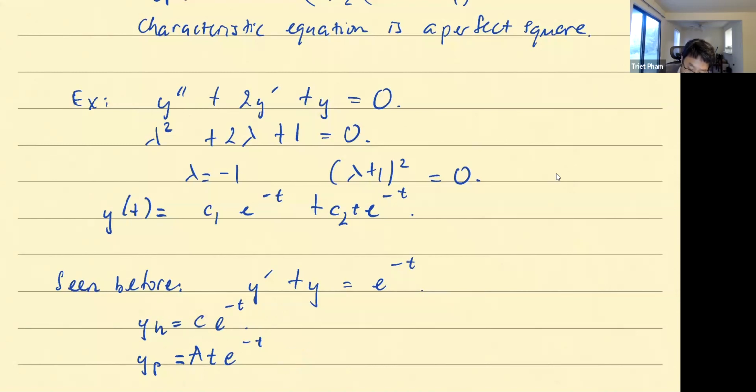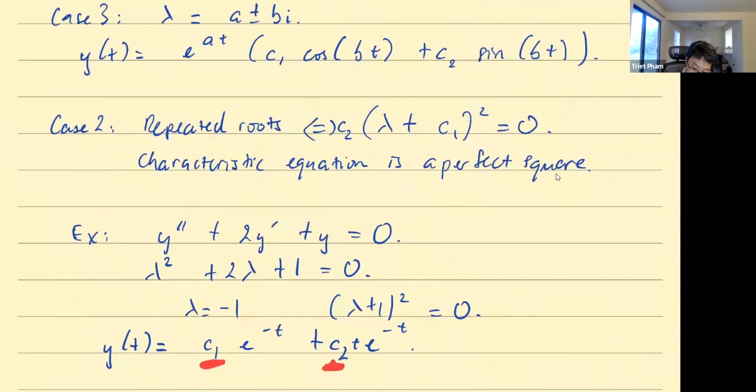Something similar is at work here. e to the minus t is a solution to this equation, but you look for the second solution. By the way, why do we always expect two solutions in this case? Several reasons. First, the order of the equation is 2, so when you integrate twice, you get two undetermined coefficients, as reflected by C1, C2 in here.